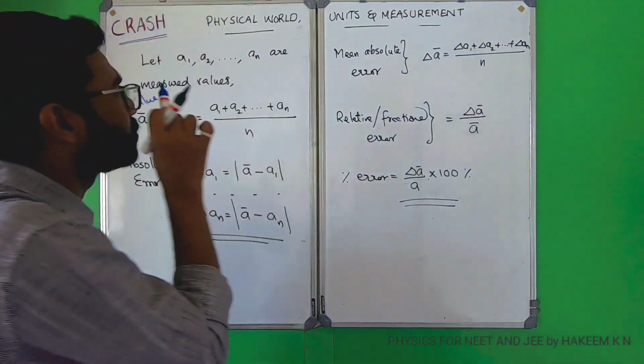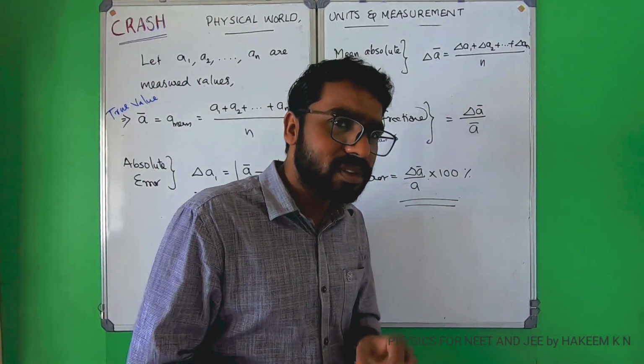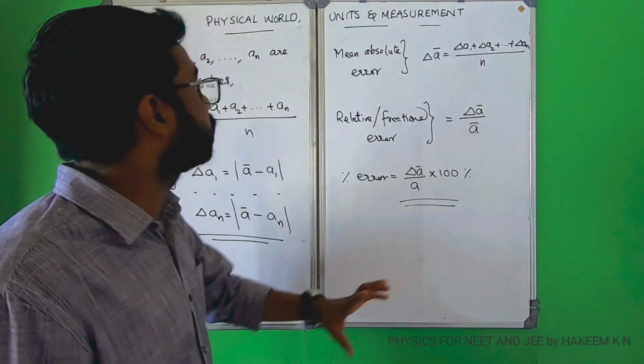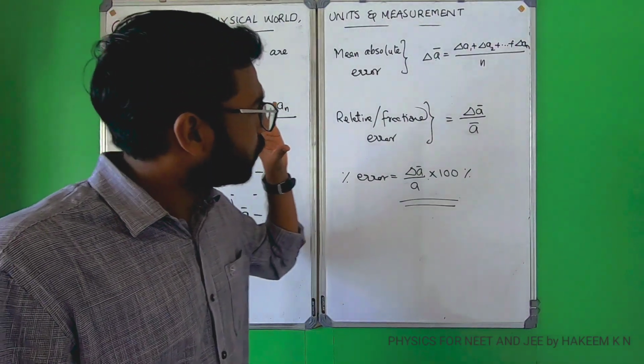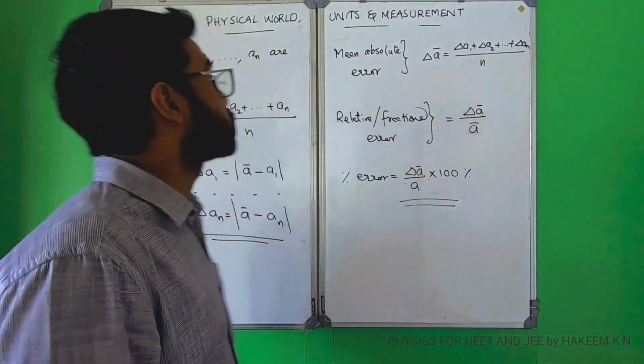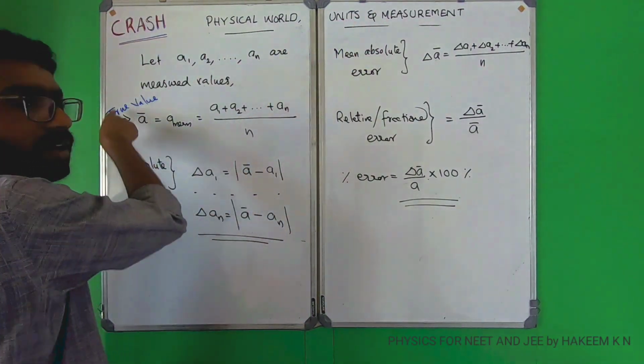So this is the method to reduce random errors. To reduce random errors, we have to take the measurement a lot of times, and their average is taken as the true value.